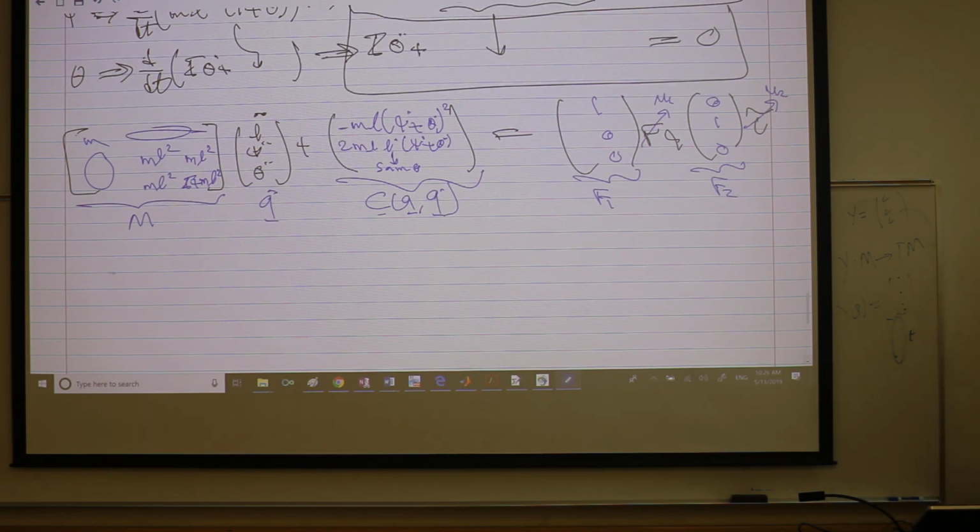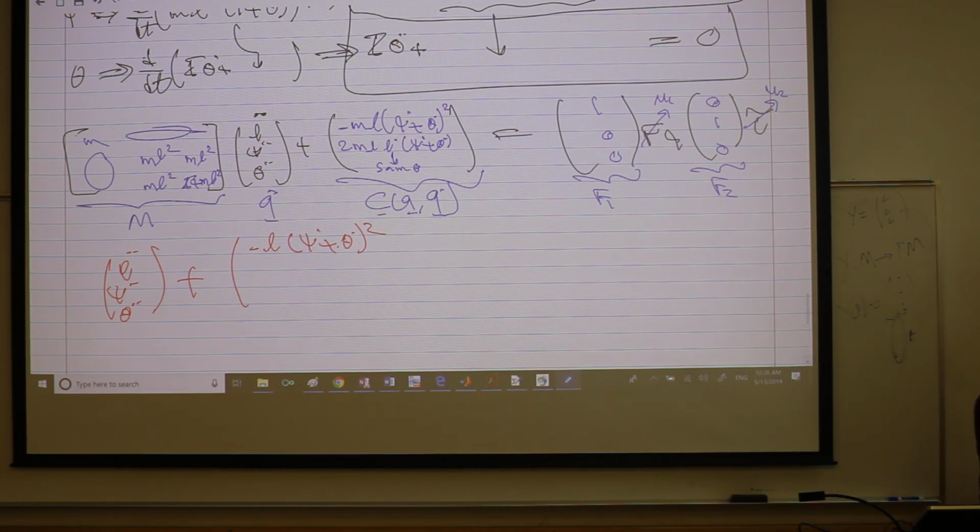I'm gonna invert. So L double dot, psi double dot, theta double dot. The first is easy, just divide by m, so this is negative L. The second is a little bit, you can just do it at your own pace.